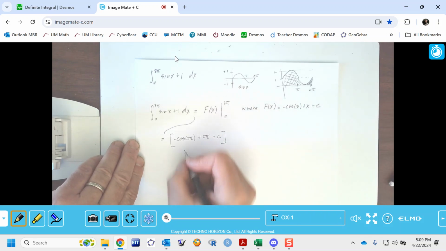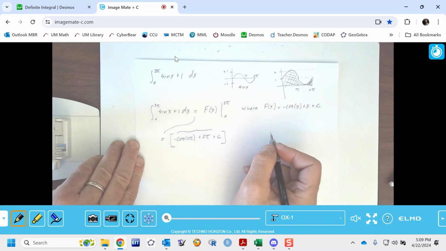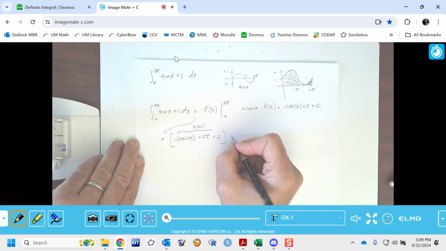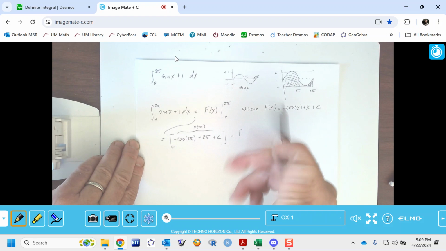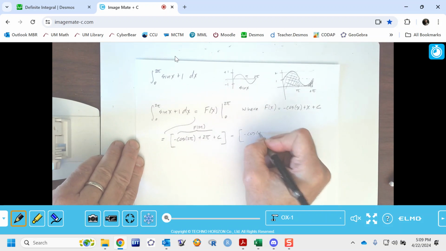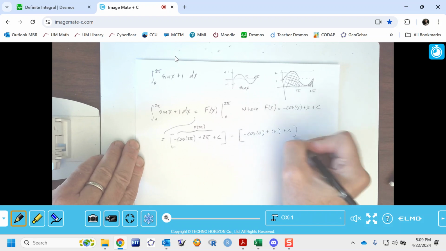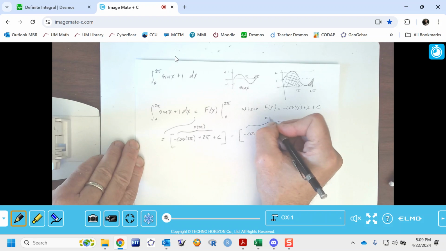So this whole thing is what we would think of as f of 2 pi. And we subtract away f of 0, and f of 0 is going to be negative the cosine of 0 plus 0 plus c. And this thing we call f of 0, right?